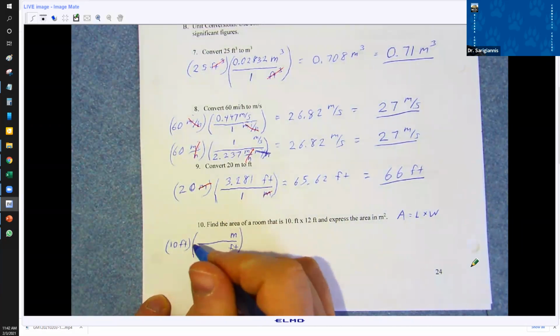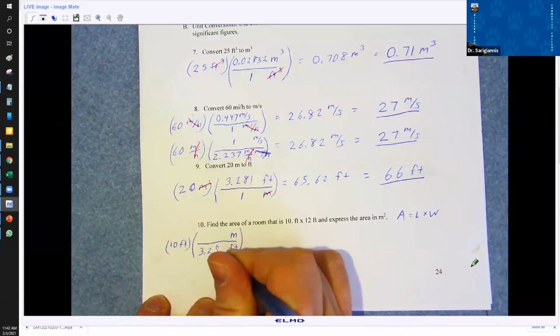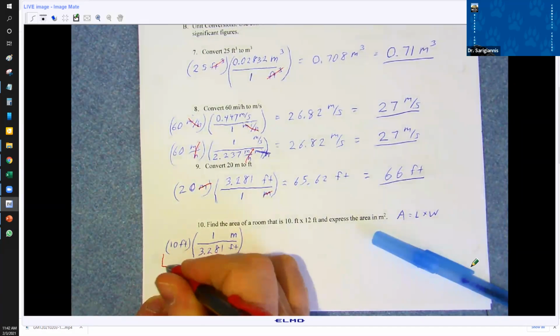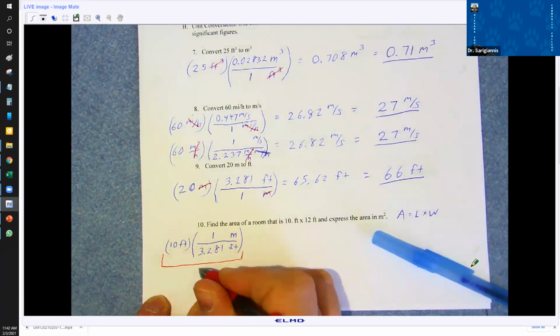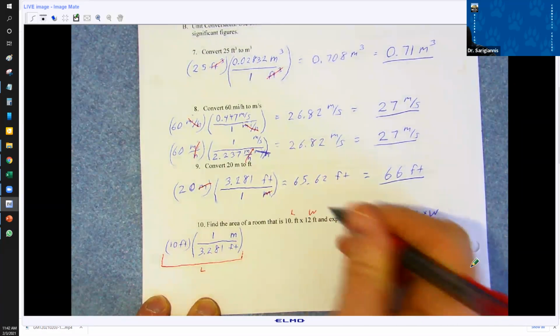So what did I say? 3.281 feet is 1 meter. This is L. I'll just define these arbitrarily as length and width.